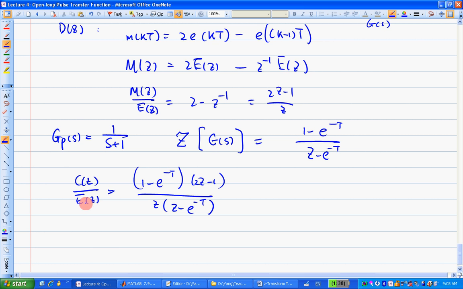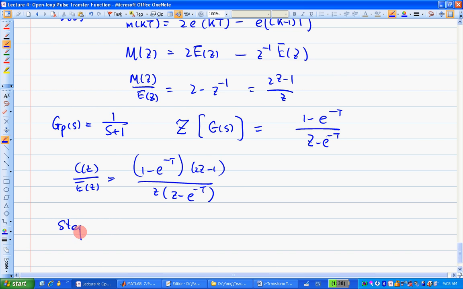So basically, this E of Z is the input here. If I want to check the step response, it essentially means I'm going to give the input a step input. If it's a step input, what's the Z transform of this step input?